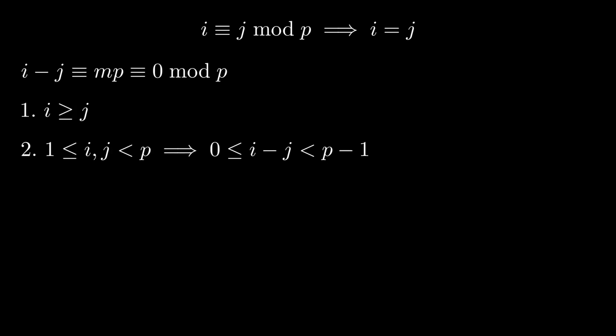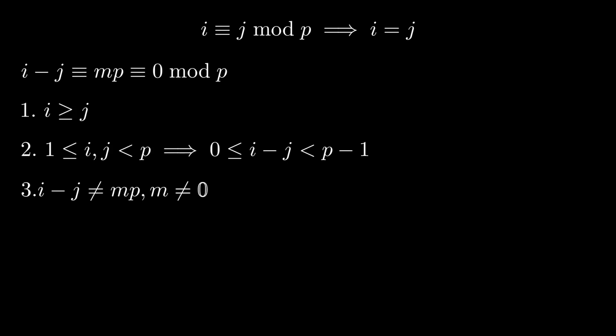And now note that i minus j cannot equal a non-zero integral multiple of p. If i minus j equals an integral multiple of p, then that's when it's congruent to 0 mod p. But since i minus j is greater than or equal to 0 and less than p minus 1, the only integral multiple of p is 0.